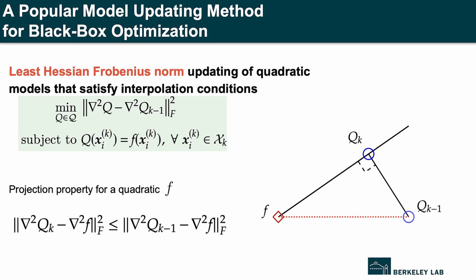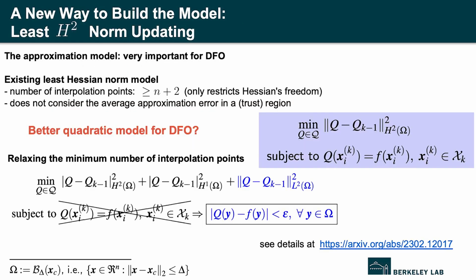So at the same time, we require the model to have the smallest change between the Hessians of the current model and the previous model. Solving this problem gives us the k-th model, and it has the projection property for a quadratic objective function f, shown in this figure, which means the error of the approximation in the Hessian is getting smaller.